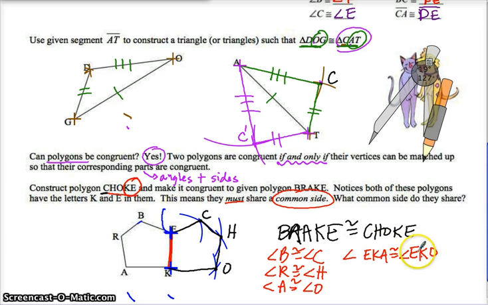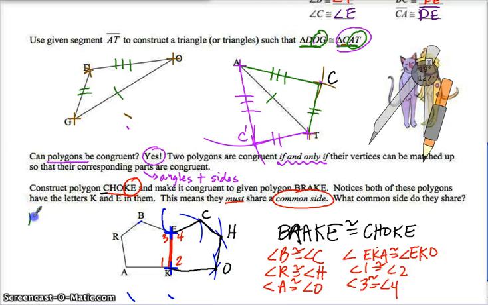Notice I couldn't just use the letter K by itself because there are two angles for K. So maybe we could just put numbers. Angle 1 is congruent to angle 2, which is these two right here, or angle 3 is congruent to angle 4. Right?